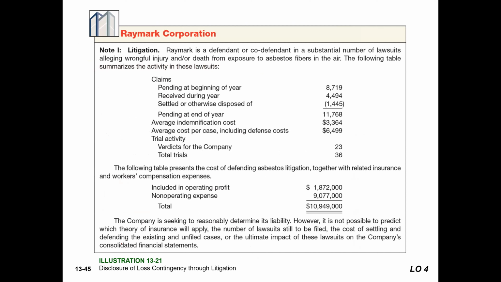This is just showing us an example of how one of these loss contingencies can be disclosed. You see the note up here, and then the following expenses associated with that.